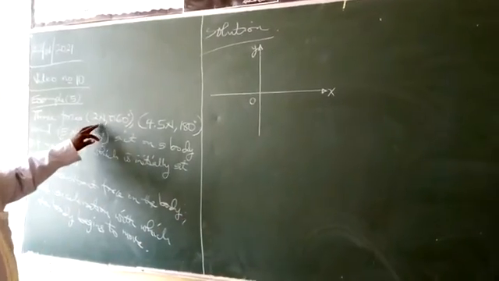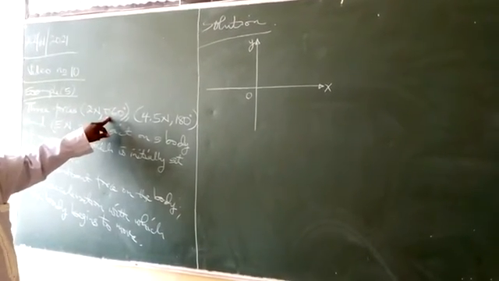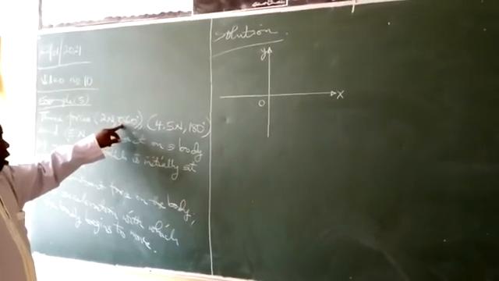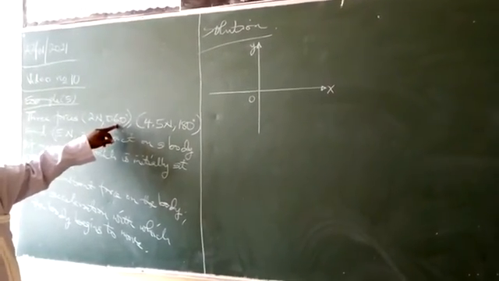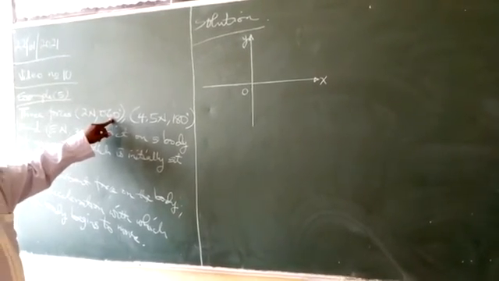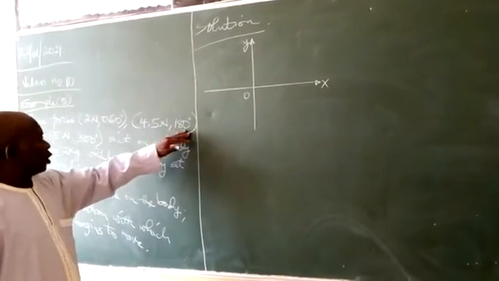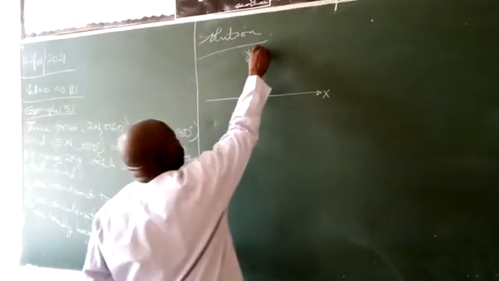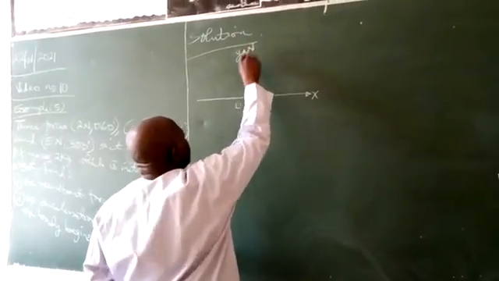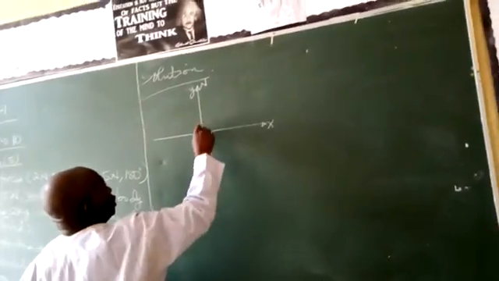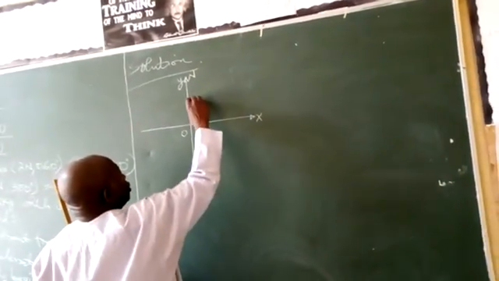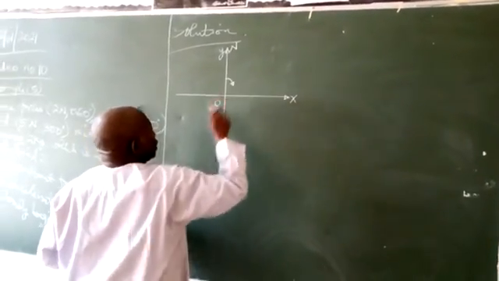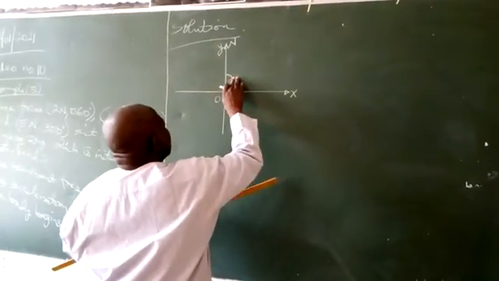Now we locate the first force. The first force is 2 Newton, direction 60 degree. When the direction is given in this way, it means it is 60 degree measured from the north. This kind of direction is measured from the north. You don't need a protractor, you just estimate. From the north, you measure an angle of 60 degree.